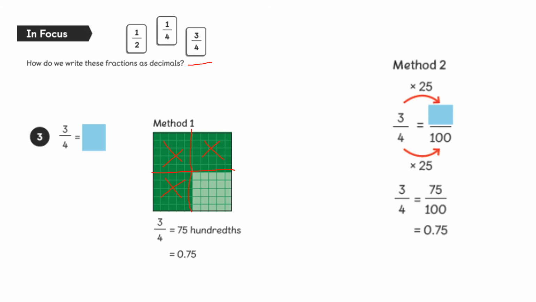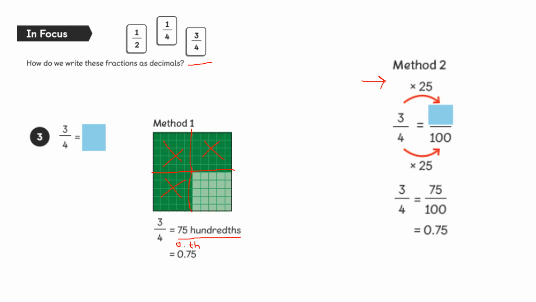And if we counted them all together, because we've already learned that each of those quarters is 25, we know that altogether 75 hundredths have been shaded in. So we can see that that is 3/4. Now we would write 75 hundredths as a decimal as 0.75, which you can see here at the bottom.